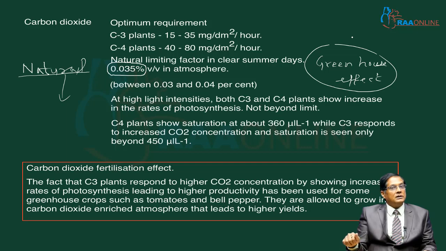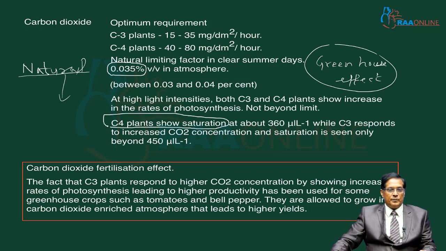But as far as plants are concerned, if the atmosphere has a rich amount of carbon dioxide, it is beneficial for the plant, especially C3 plants. This is already mentioned: C4 plants show saturation at about 360, whereas C3 plants at 450.